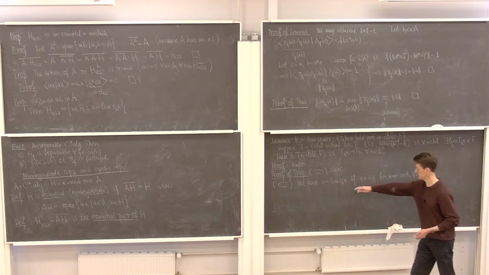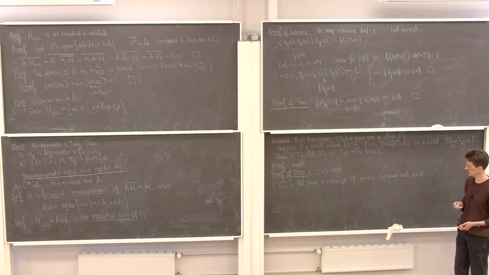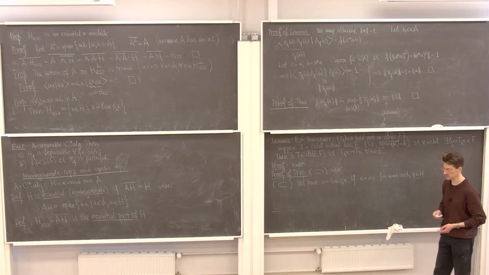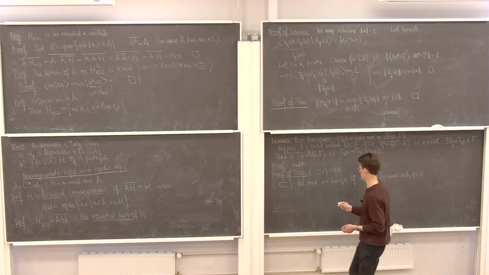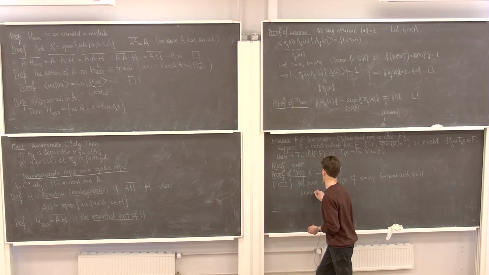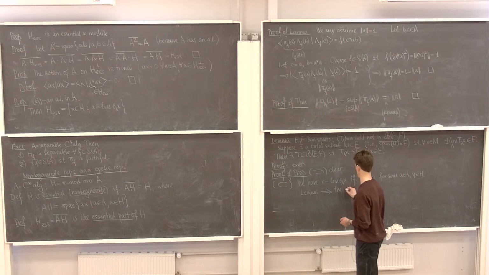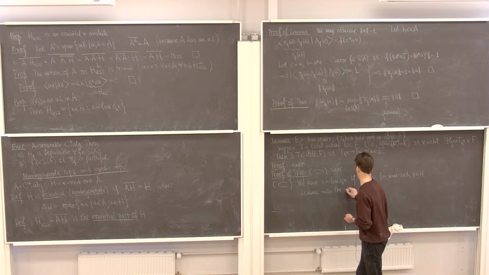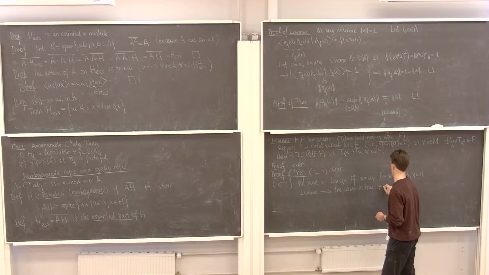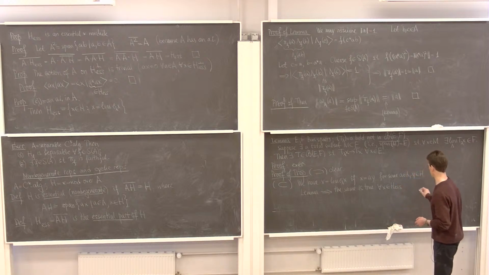So for such elements, the equality is clear. But on the other hand, the linear combinations of such elements are dense, so elements of this form are total in the essential part. So our lemma implies that the same is true for every element x in the essential part. And this completes the proof.